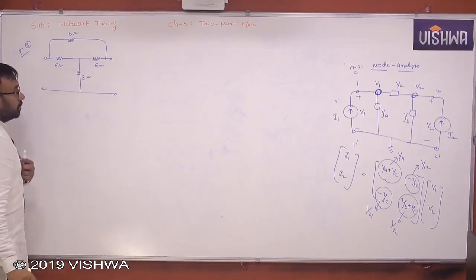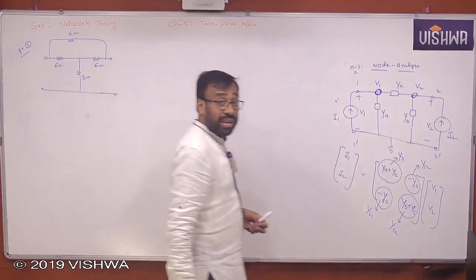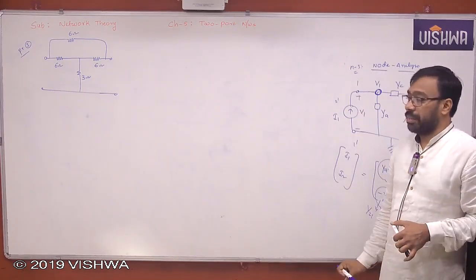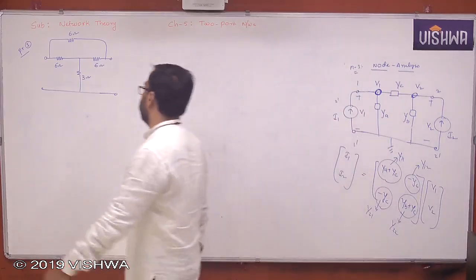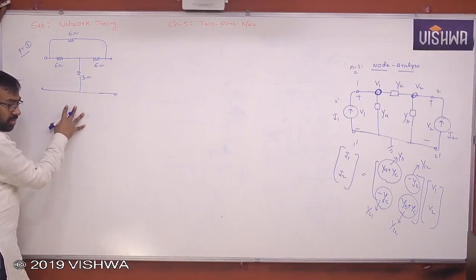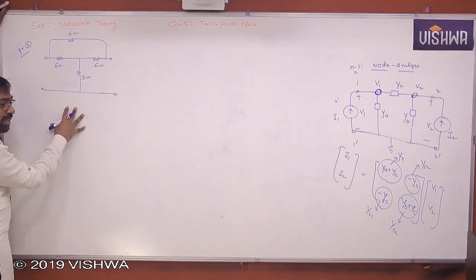Okay. There is a bridge model given, and we are asked to find the Z parameters. So how do you find it? Looking at this problem, which method is more suitable among the 3 available methods?